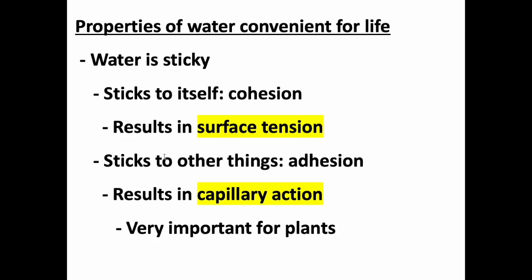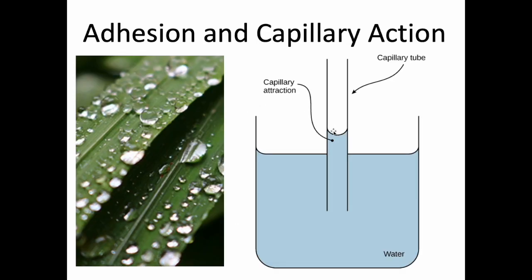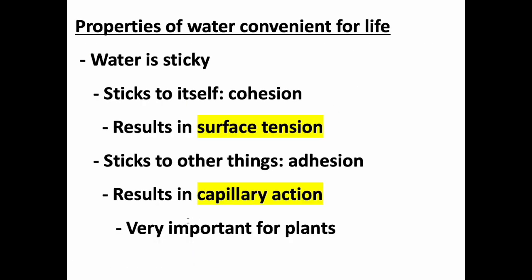So again, adhesion is just water sticking to other things. Capillary action, reading from the key terms, is something that occurs because water molecules are attracted to charges on the inner surfaces of narrow tubular structures, such as glass tubes, drawing the water molecules to the sides of the tubes. So again, very important for plants.